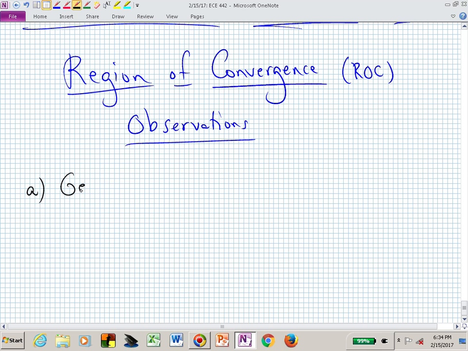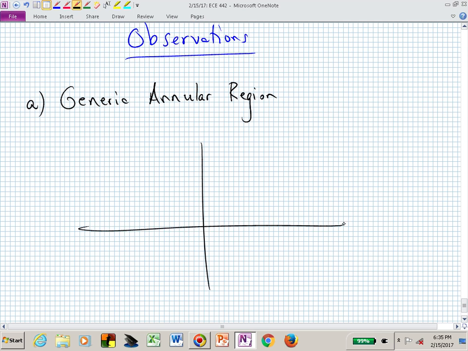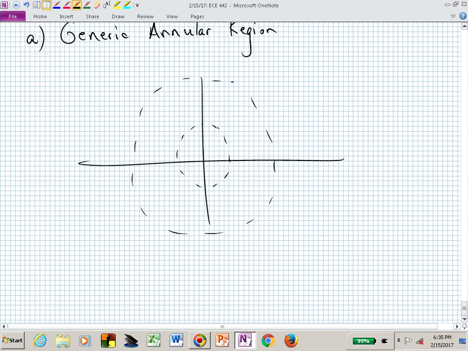Let me try to sketch a generic annular region, and let me put some poles here. Let's say I have a pole at 1 and a pole at 2. I'm sorry, I'm labeling those 1 and 2. Those aren't necessarily at location 1 and 2. And let's say this pole is labeled 3 and this pole is labeled 4.